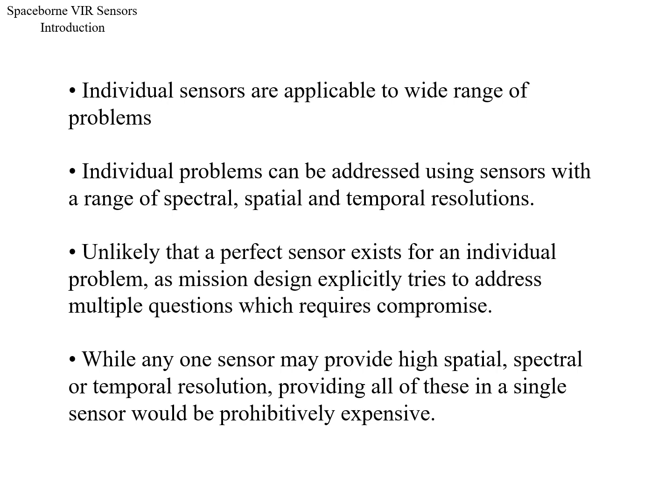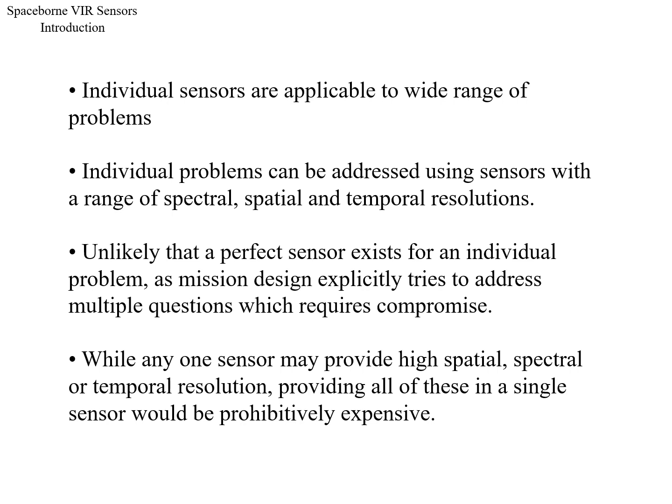The problem is that it's unlikely that a perfect sensor or perfect sensor configuration is going to exist for an individual problem because we're trying to address multiple questions, and that always requires compromise.